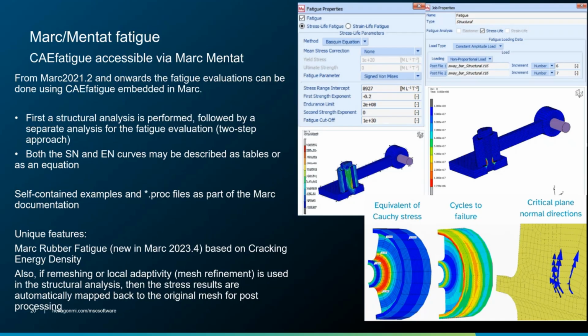And what this means is really a completely different approach. It's based on crack energy density and essentially allows performing a kind of linear elastic, sorry, not linear, a Paris law-like fatigue calculation to determine the most likely location and the damage that can be accumulated.